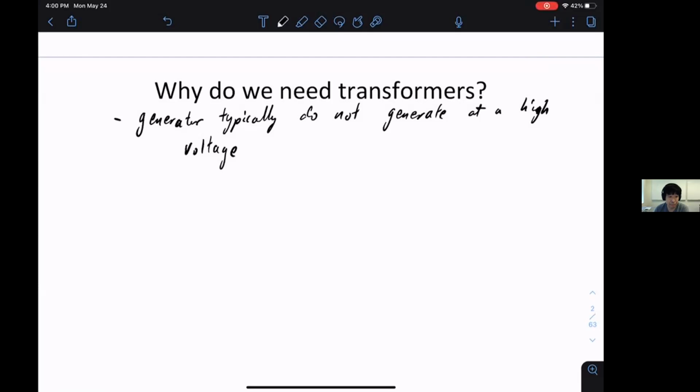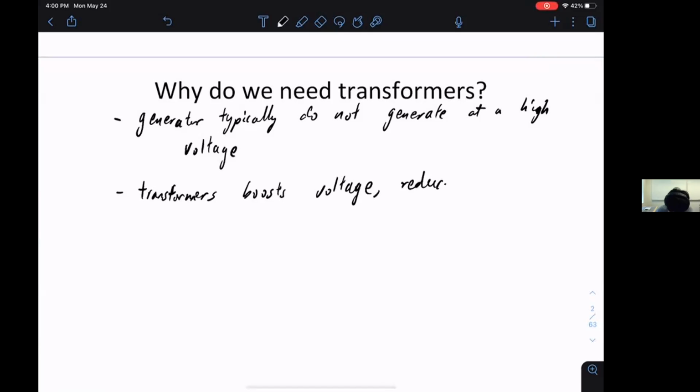So a transformer's job is basically to boost the voltage and reduce cost, right? From the generator's end, the transformer boosts voltage and reduces losses. Reducing losses is similar to reducing cost.